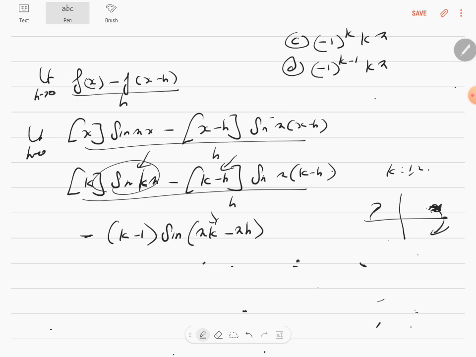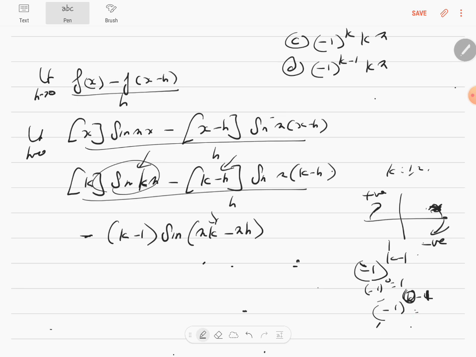When it is pi minus it's positive, but 2 pi minus it is negative. So therefore it's minus 1 whole to the power k minus 1, because when you put k as 1, minus 1 whole to the power 0 is positive, and for k as 2, minus 1 whole to the power 1 is negative.